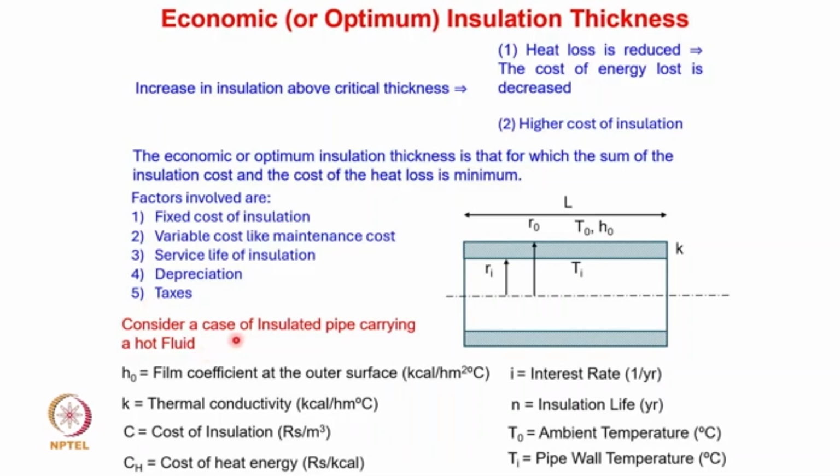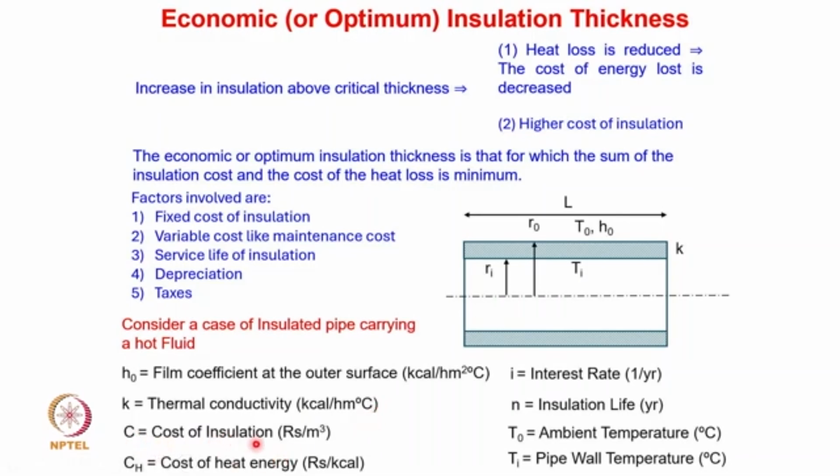Now in this particular case, the hot steam is flowing through this pipe. H naught is the film coefficient at the outer surface. K is the thermal conductivity, given as kilocalorie per hour per meter per degree Celsius.